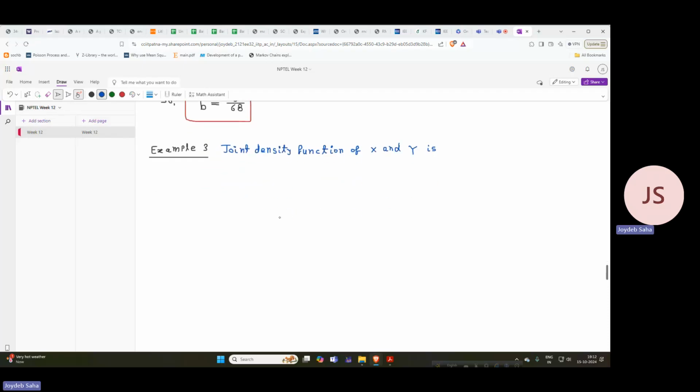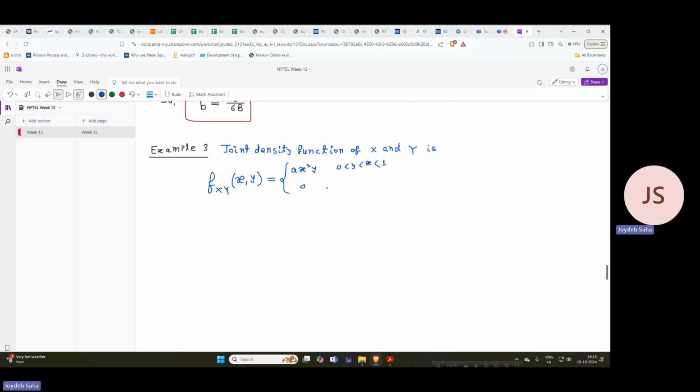It is given f of xy is equal to ax square y for 0 less than y less than x less than 1.